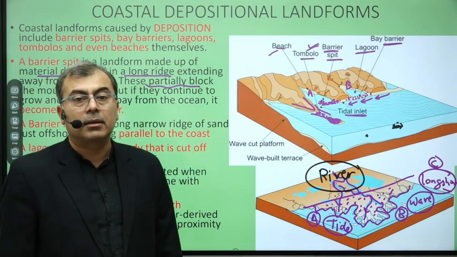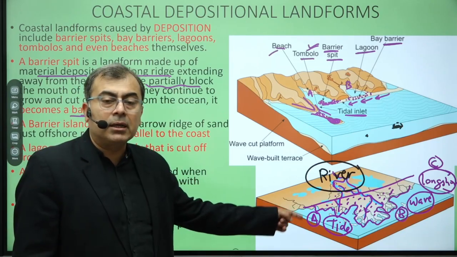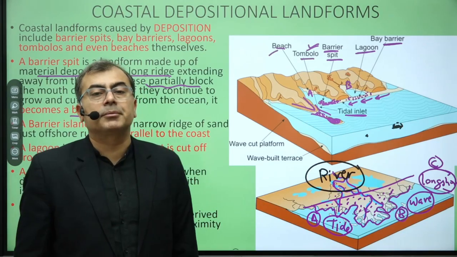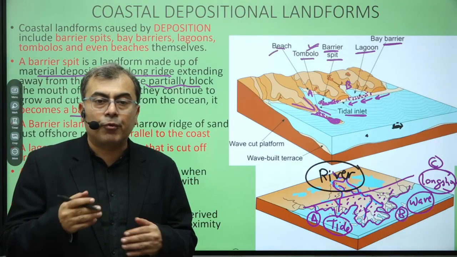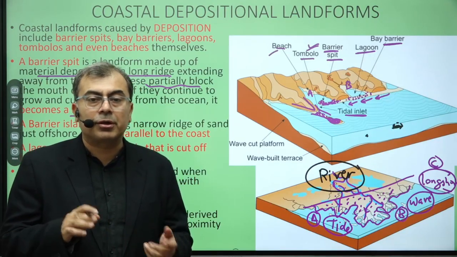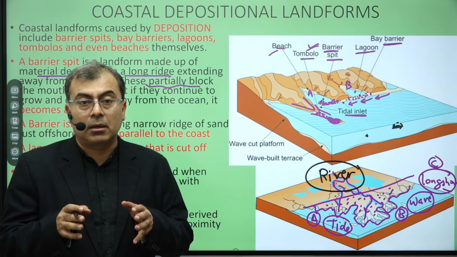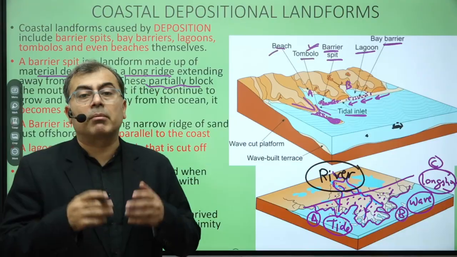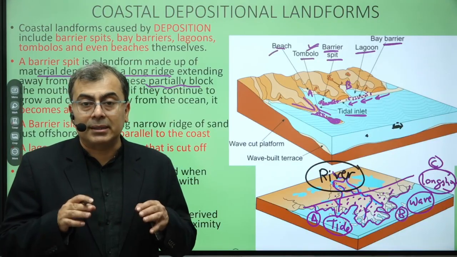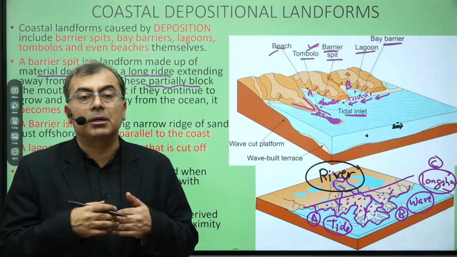Get that? So can you see mathematically, when will a delta be formed? Whenever the forces of waves, tides, longshore drift and all are weak compared to the amount of sediments brought by the river, then the depositional activities will lead to the creation of a delta.